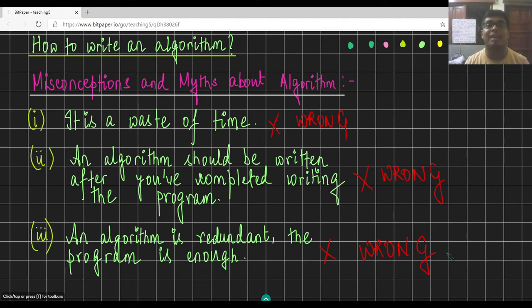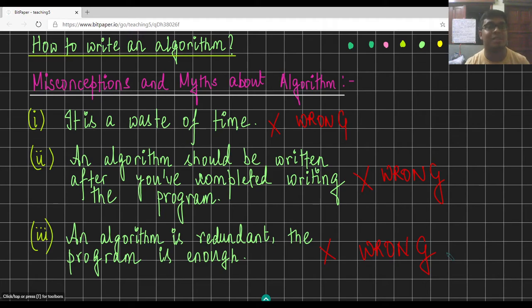An algorithm can convey an idea much faster than a program would because an algorithm is usually written as pseudocode or in plain simple language, which a layman would also understand. This is the reason why an algorithm is not redundant. And please do not delegate the algorithm to a secondary position. It is a very important thing in programming.